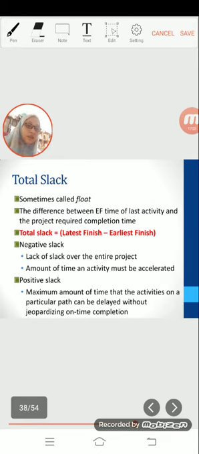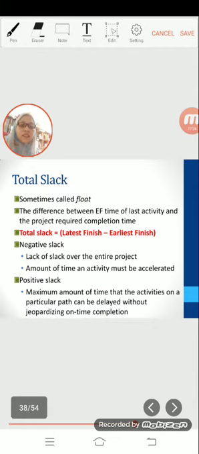Okay, now we learn about total slack. Okay, total slack is sometimes called float. It is the difference between EF time of last activity and the project required completion time.